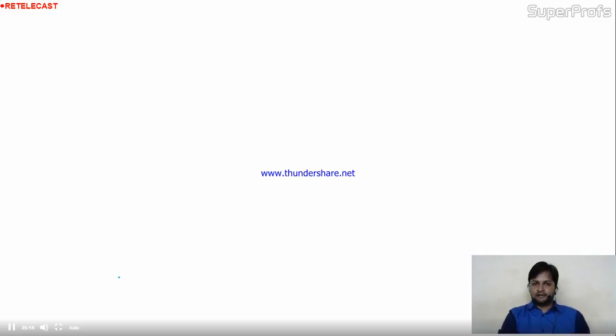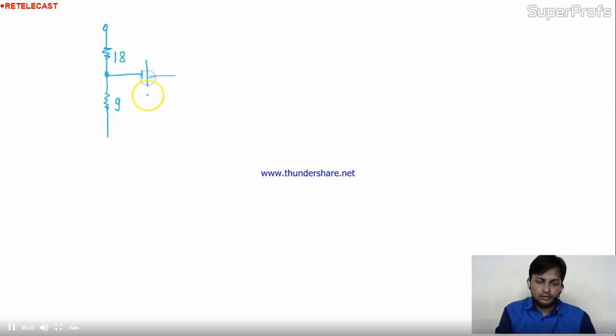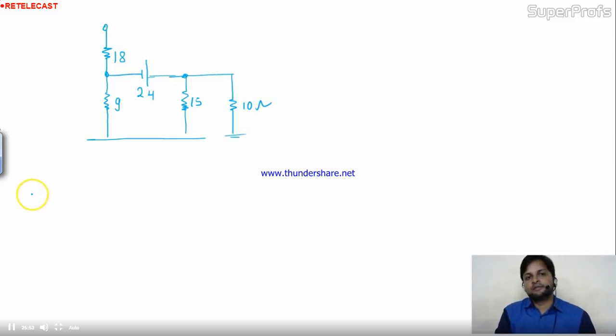Now the problem says we have the circuit like this. Here it is 24, connected with 15, and again connected with 10 ohm.